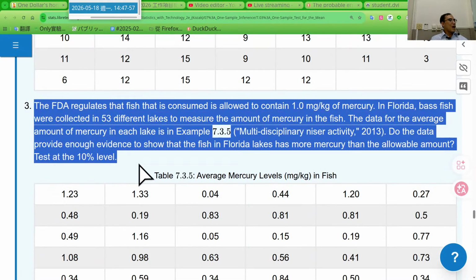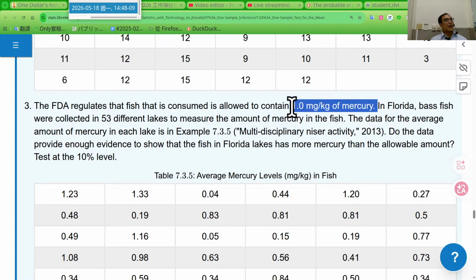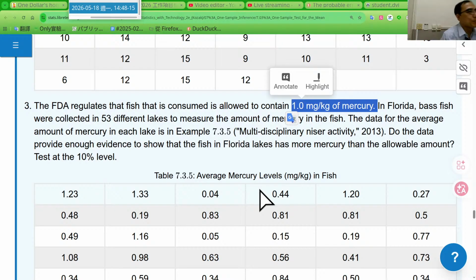Question number 3, the FDA regulates that fish that is consumed is allowed to contain only 1.0 milligrams per kilogram of mercury, or we can call it parts per million. But in Taiwan, we prefer to call it ppm. But my American friends never said ppm. They always said parts per million.